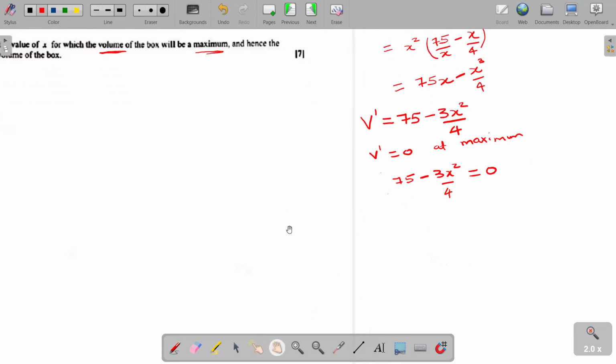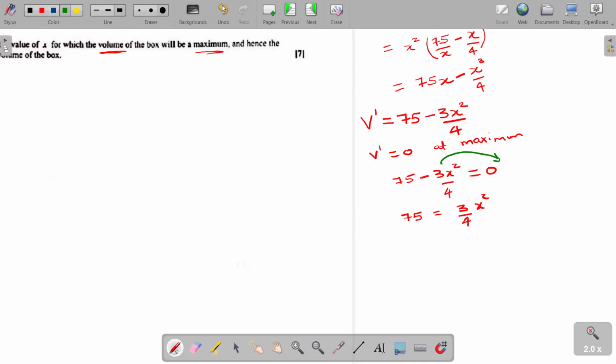Solve the equation. So when you transpose that, it's going to be 75 equal to 3 over 4 x squared. That is, after you transpose this one to this side, it changes the sign to be positive.